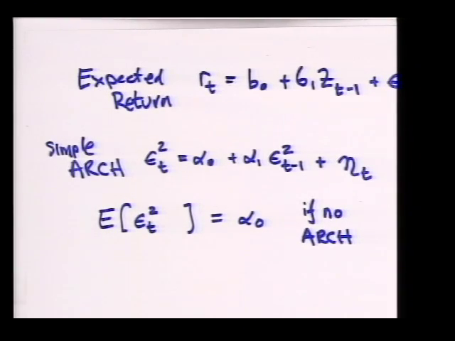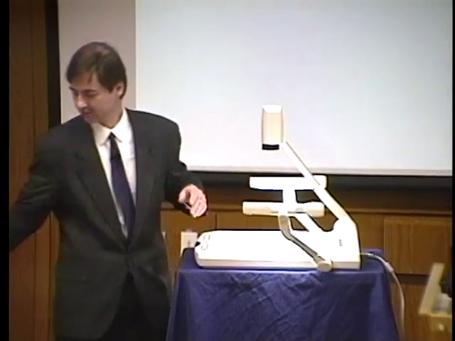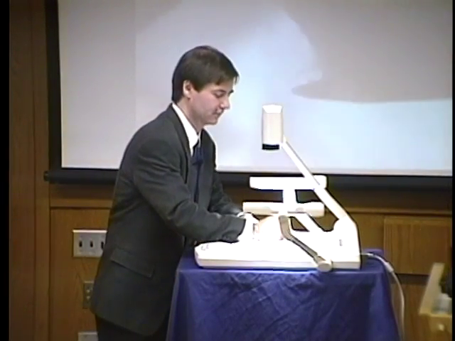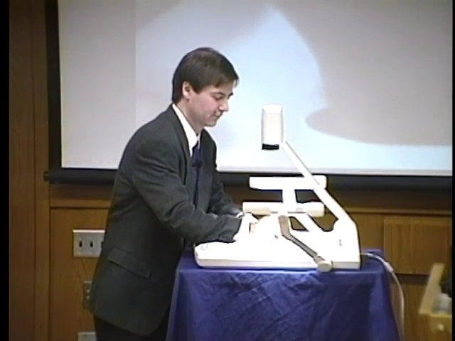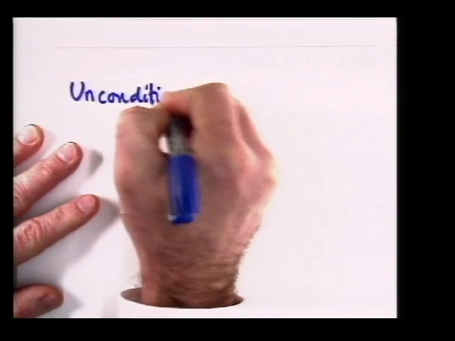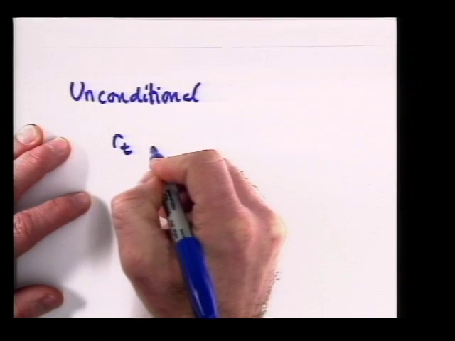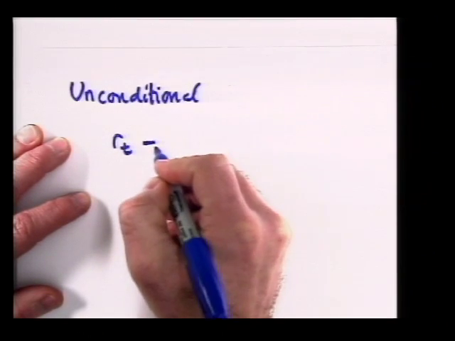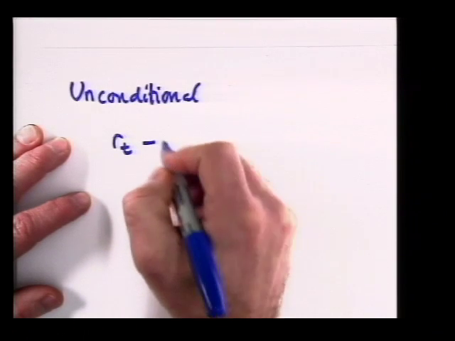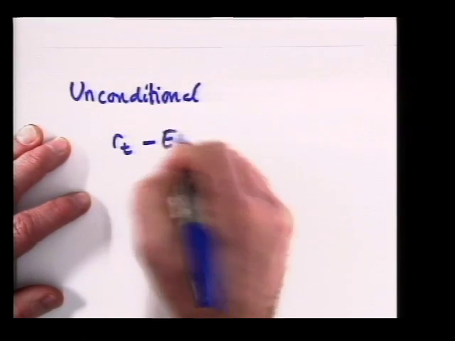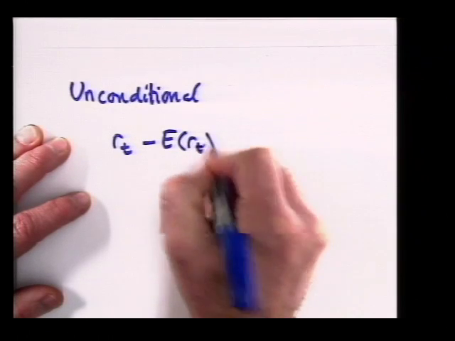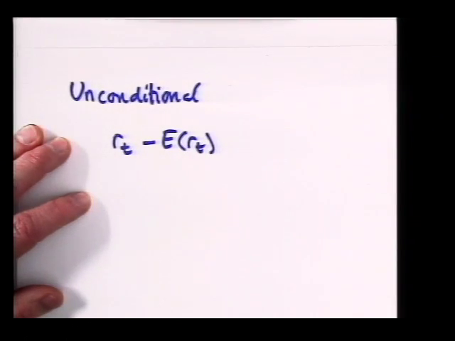So the unconditional volatility: remember, I just take the returns minus the mean return, and let's just call it E of R_t, which is just a constant, right?